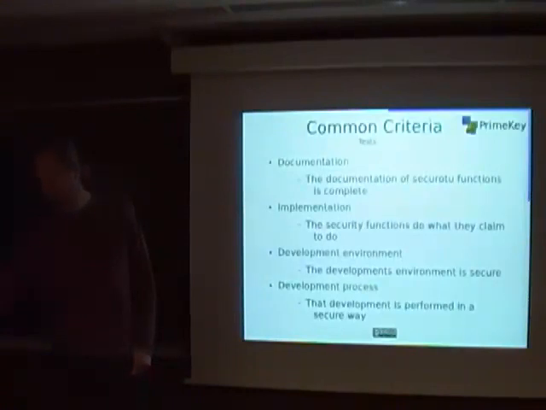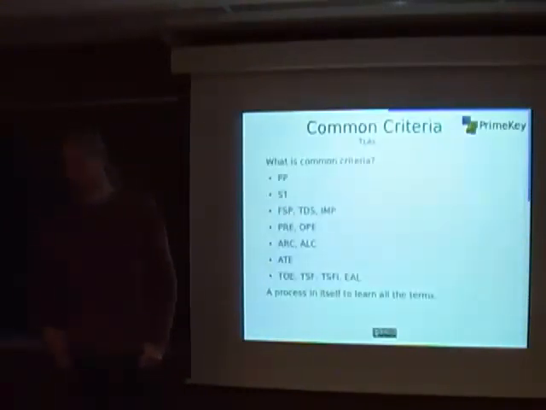And now, to spin your heads, common criteria, and this is Mike's words, is just a very large amount of three-letter acronyms. So this is the first thing when you do a common criteria certification, you have to figure out what all this means.